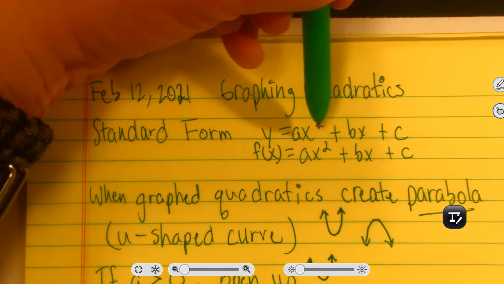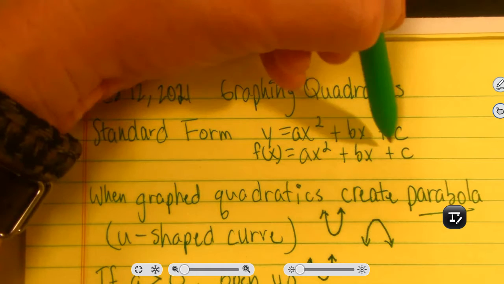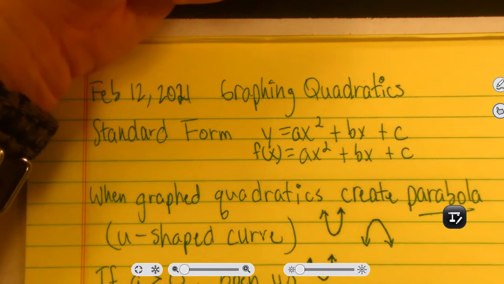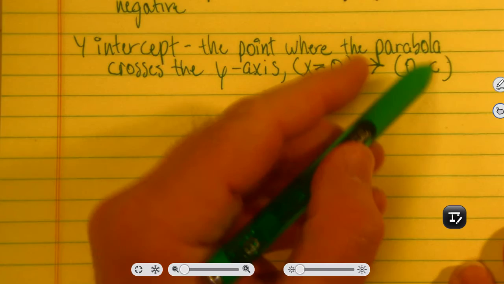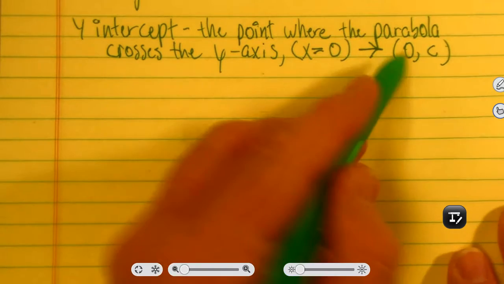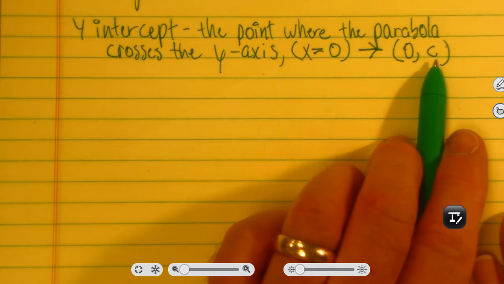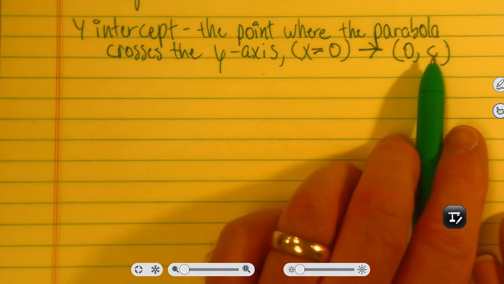So x has to be 0, so my y-intercept will always be the value for c in standard form. So I've just written that here, that the y-intercept is the point (0, c). Again, we'll look throughout this lesson and throughout the next few days at how we find that.